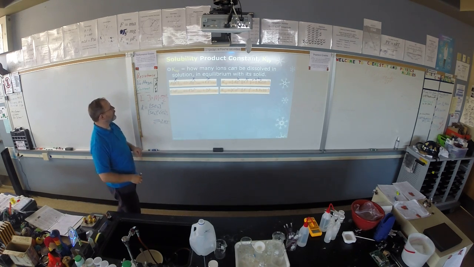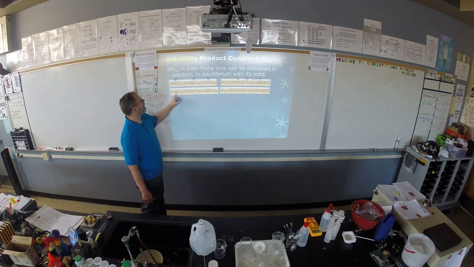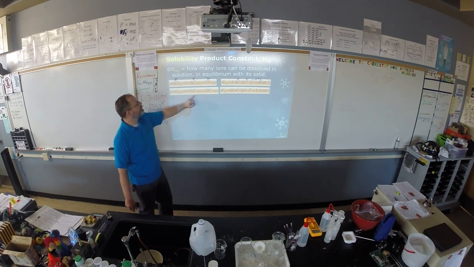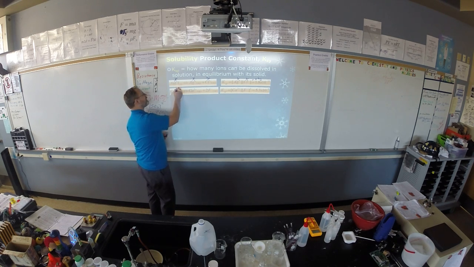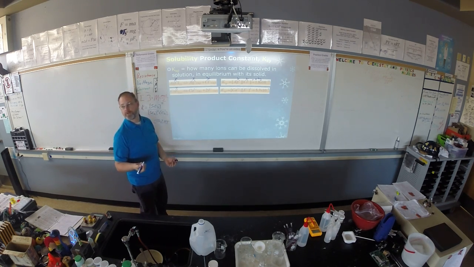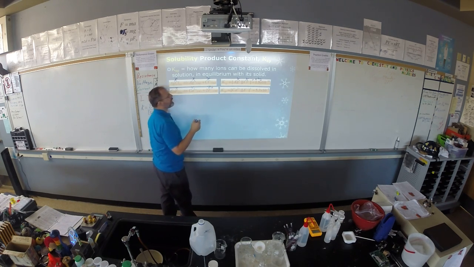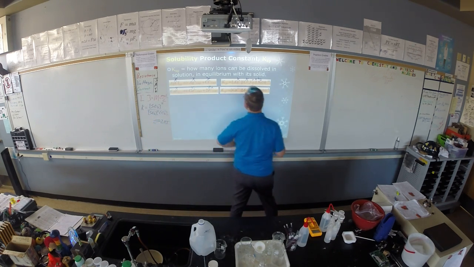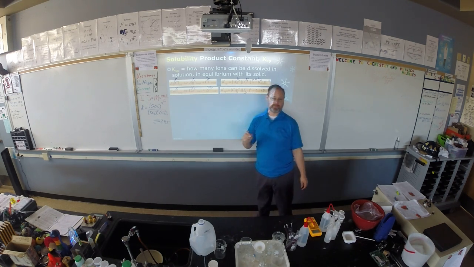Now, with calcium fluoride, the situation's a little bit different because every time you dissolve a calcium fluoride, you get one calcium, but you get two fluorines. So every time you dissolve X calcium fluorides, how many calciums do you get? X. How many fluorines do you get? 2X. And then when you plug them into the equilibrium expression, this is going to be X, but this is going to be 2X.